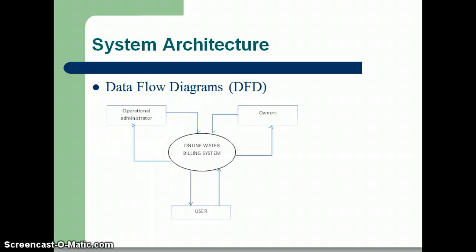System architecture. A conceptual model that defines the structure and more views of the system. It is a formal description and representation of the system organized in a way that supports reasoning about the structure of the system.